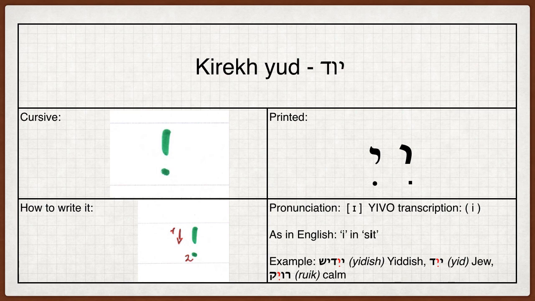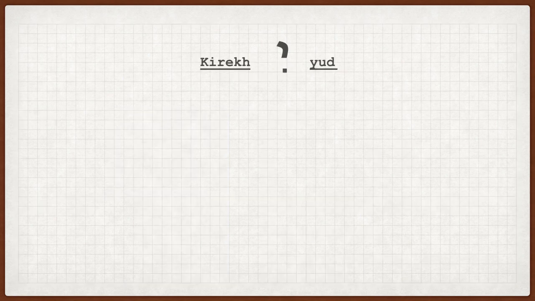Alright, let's talk about this Hirik Yod for a moment. So the Yod is such a popular letter that if you double it, or put it into letter combinations, it has a different sound.